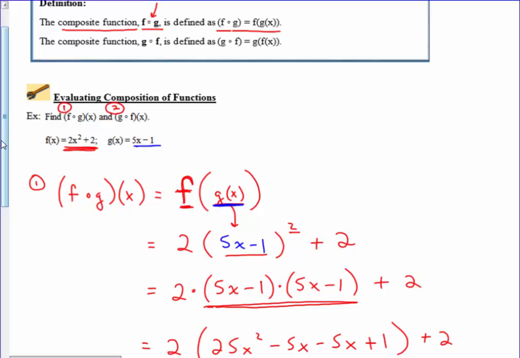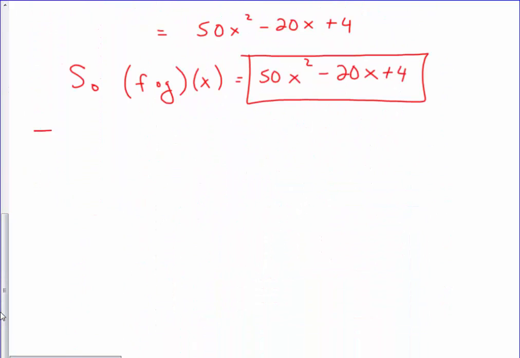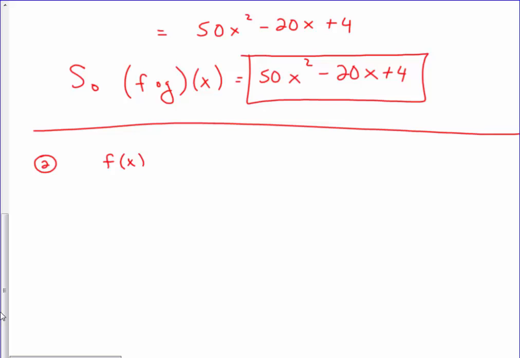The second part is g of f of x, or g composed with f. To do this, let me recopy our two functions. So our function f was f of x equals 2x squared plus 2, and then the function g was g of x equals 5x minus 1.